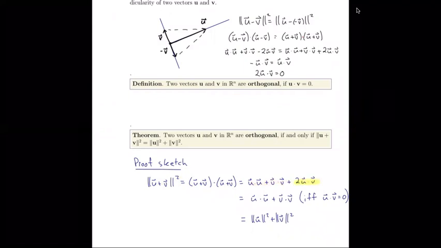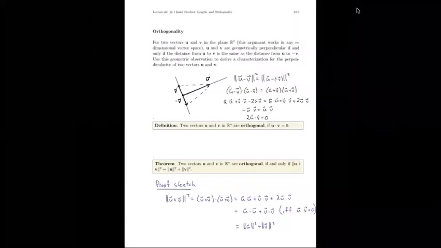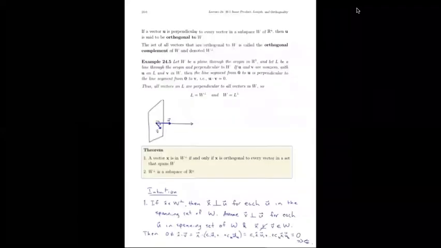If this component is 0, then we have u dot u plus v dot v, which is the right-hand side of this equation. Well, this is true if and only if u dot v equals 0, and u dot v equals 0 means that u and v are orthogonal. So this is true if and only if u and v are orthogonal, and that's exactly what the theorem's telling us. So we have one identity to spot whether or not two vectors are orthogonal to each other. So we get another tool aside from the inner product to help us do that.